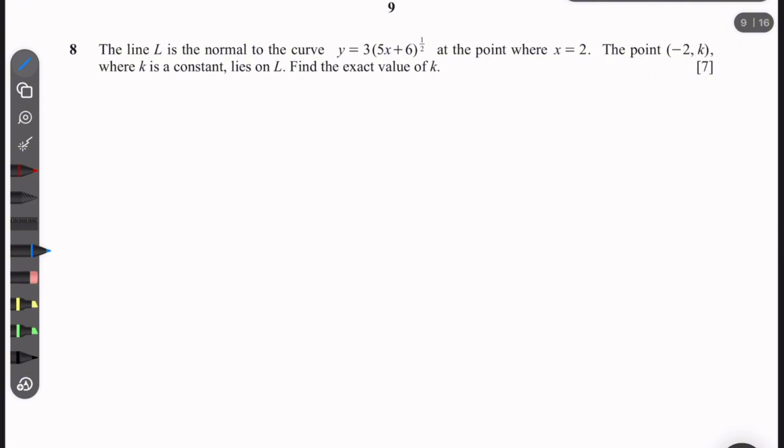And let u equal 5x plus 6. And then y is equal to 3u to the power of half. And then you differentiate the inside.